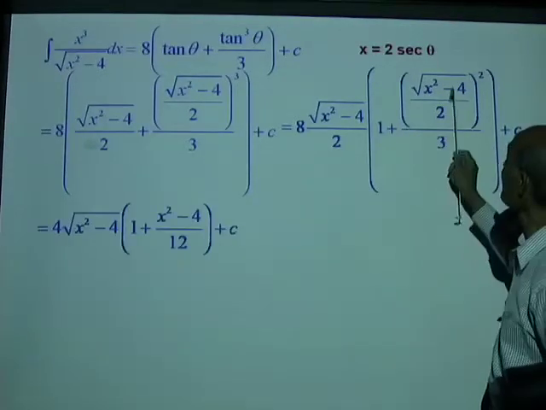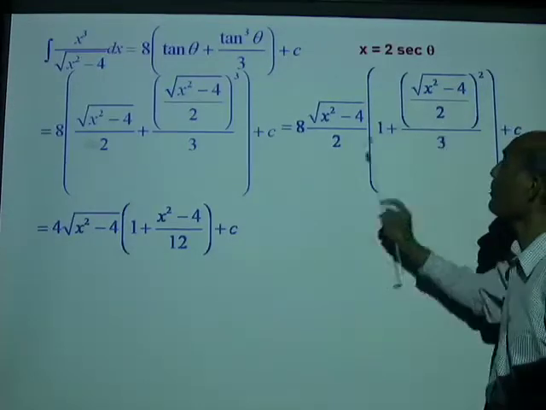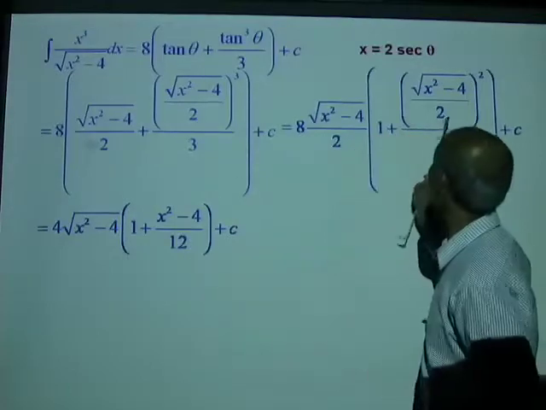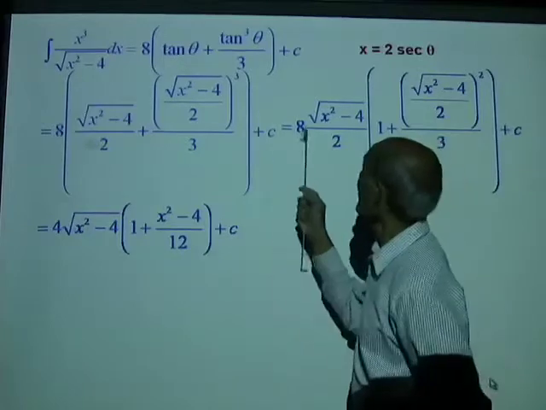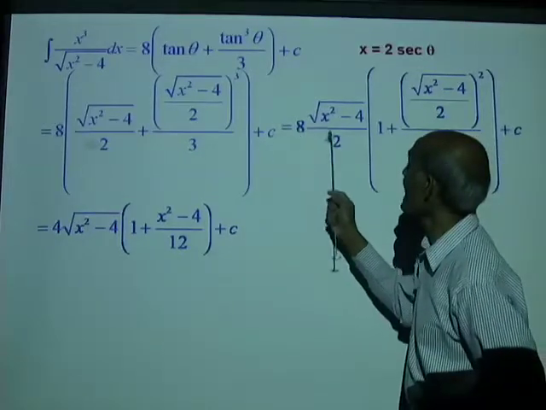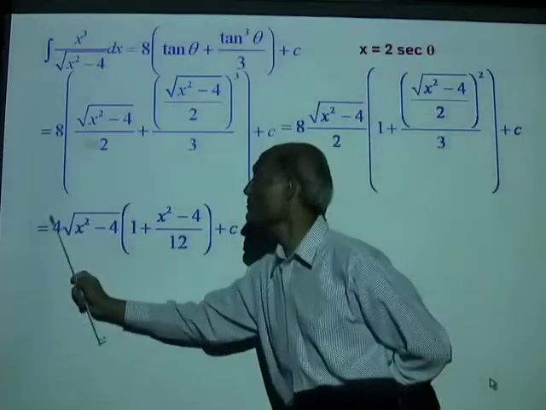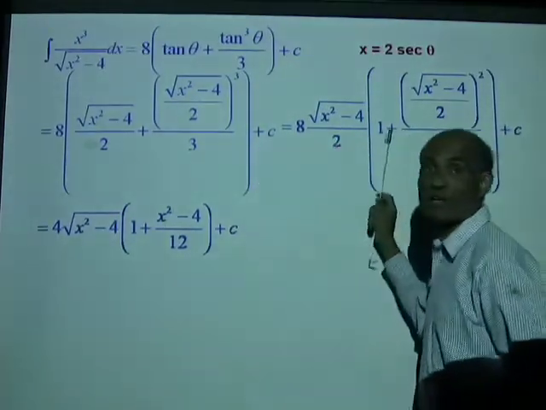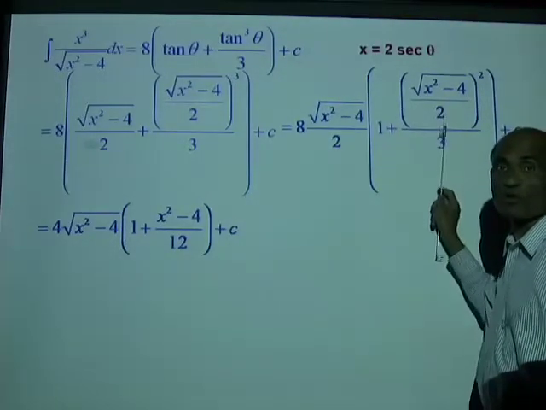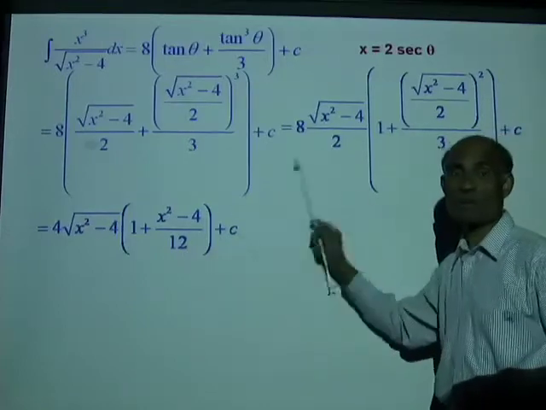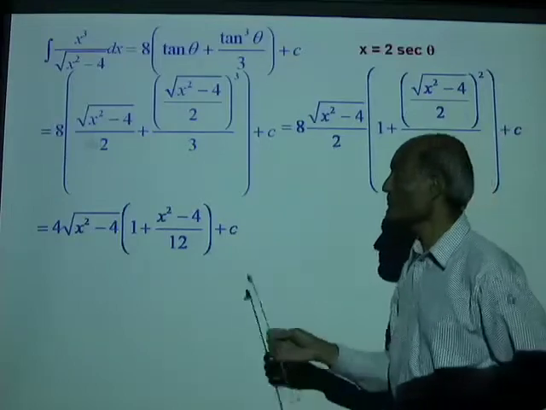And when you simplify this, raising this to the power of 2 will give you x squared minus 4 over 4. And that 4 and 3 becomes 12. So this 2 goes with that 8, gives you 4 there. So this will be 4 times square root x squared minus 4. And inside the parenthesis now will be, this is 2 squared, that is 4. 4 times 3 is 12. And this squared will be x squared minus 4.